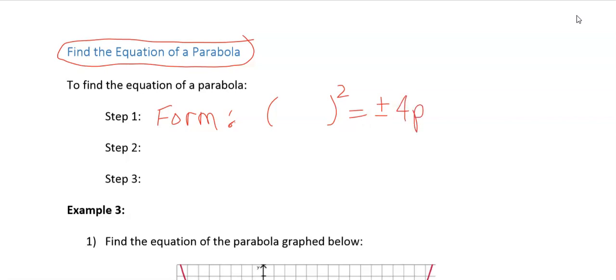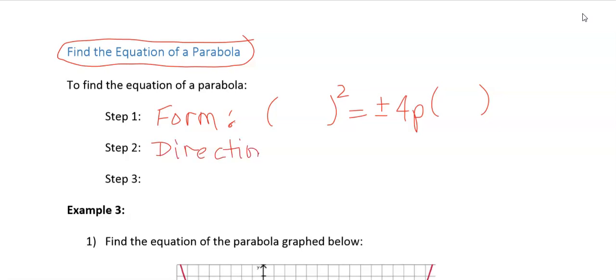P, remember, is the distance from your vertex to either your focus or your directrix. And then you're going to have a non-squared, linear part. Again, the x or the y could go there, depending on the direction it opens in.